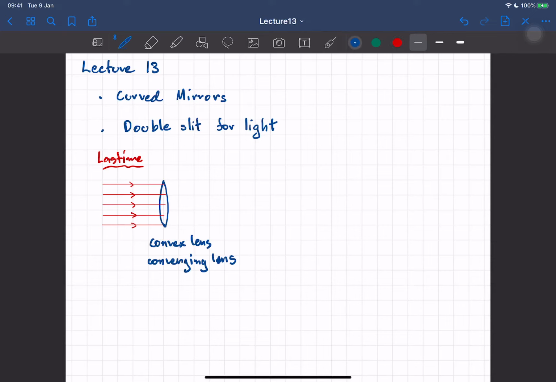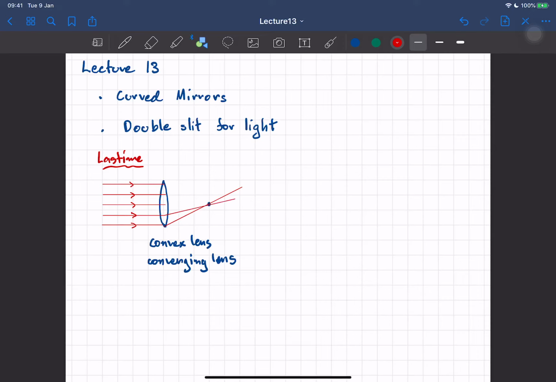And that point depends on how you shape the lens, okay? So let's say I shape the lens such that the point is this one. That means the light rays coming from the left will get converged onto this single point here.